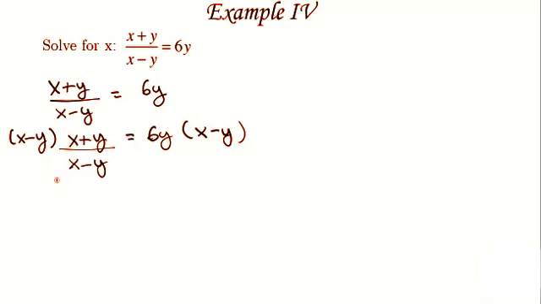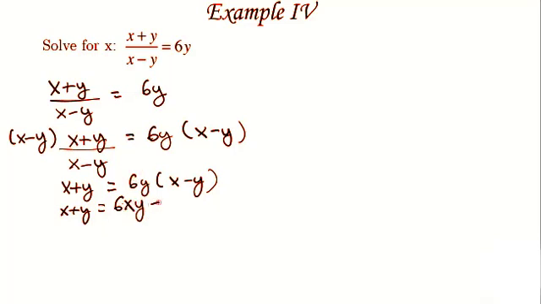That makes the left side a lot more simple. I have x plus y equals 6y times x minus y. I'm going to use the distributive property and change the right side to 6xy minus 6y squared.